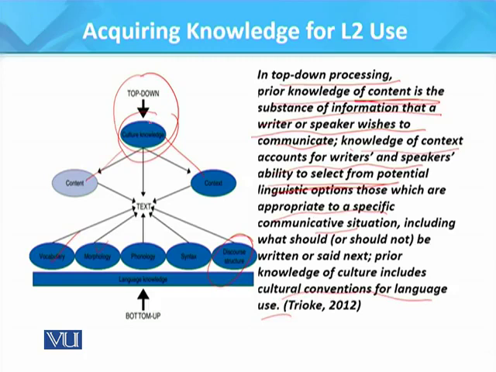So you see that cultural knowledge basically determines, in this productive processing, the writer and speaker requires the ability to choose the right or appropriate type of vocabulary, the intended meaning to be conveyed in the social context, and the things which form the conventions for the language to use.